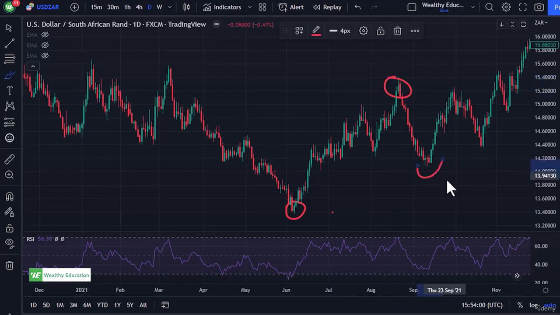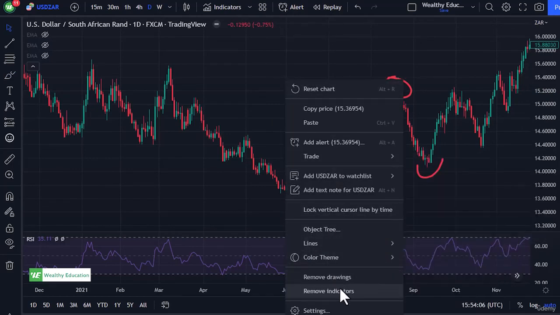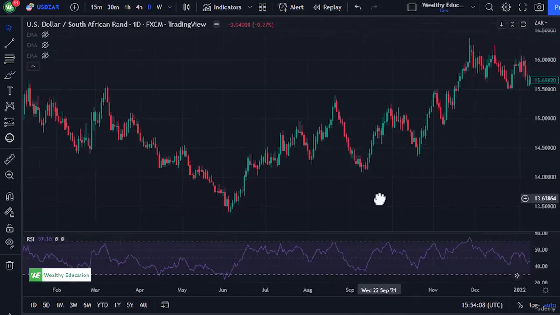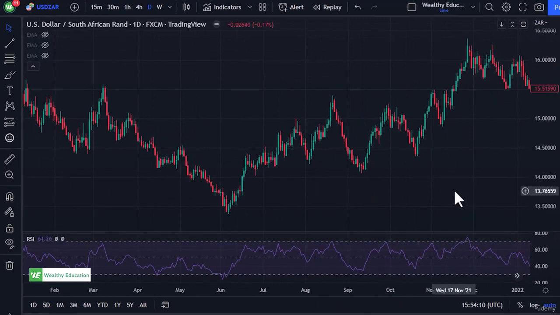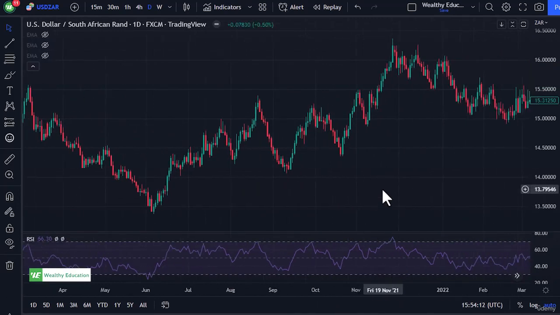Now, notice we did rally from here and we didn't go into the oversold condition. That does happen. It doesn't mean that it absolutely has to happen for the market to turn around. It just gives you an idea of when things may have gotten a little too far ahead of themselves. So like right here, you can see the market was overbought.